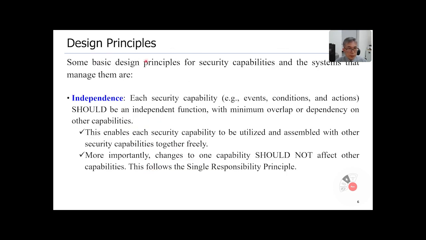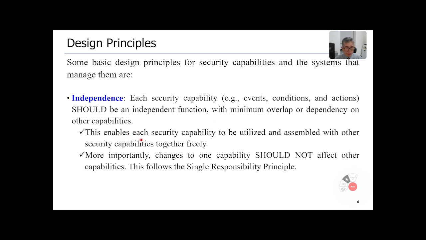Now, some basic design principles for security capabilities and the systems that manage them. Independence: each security capability, such as events, conditions, and actions, should be an independent function with minimal overlap or dependency on other capabilities.